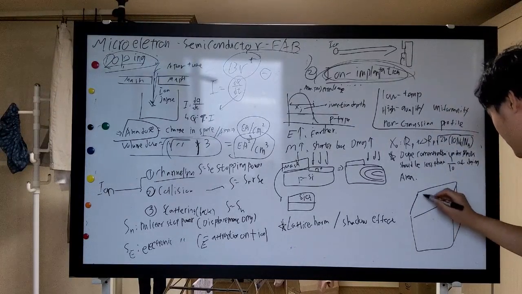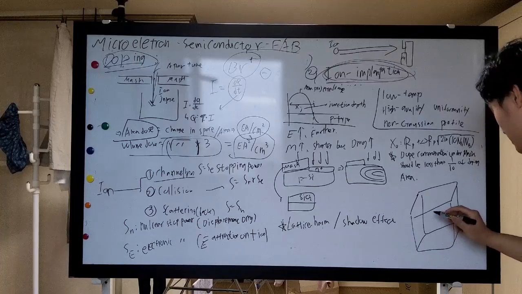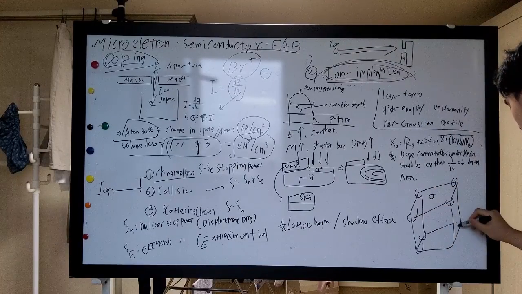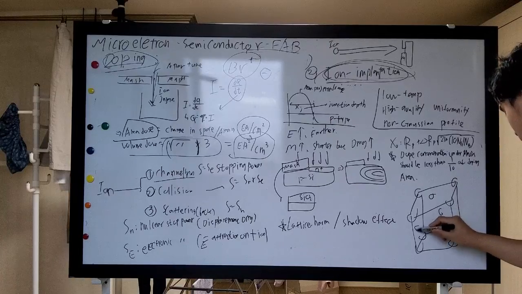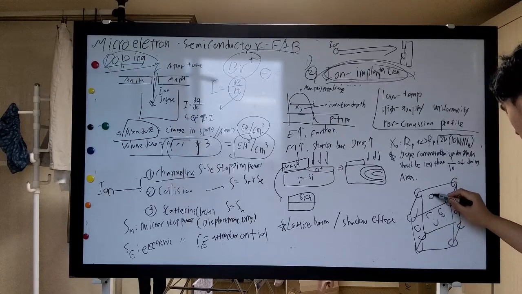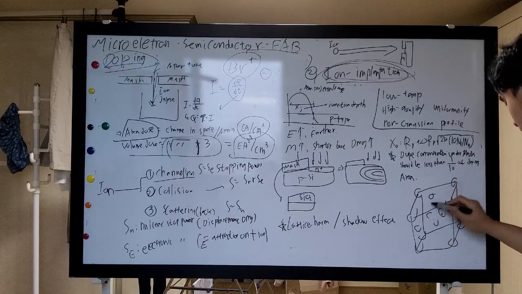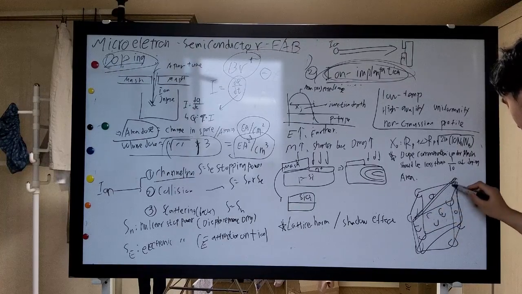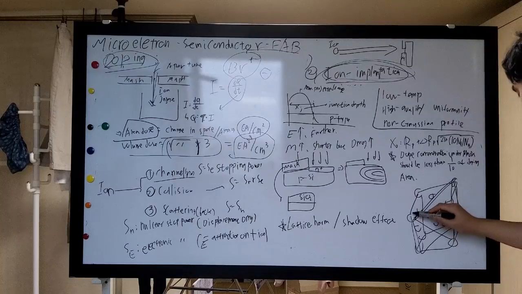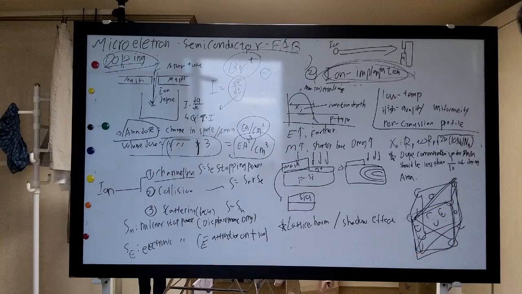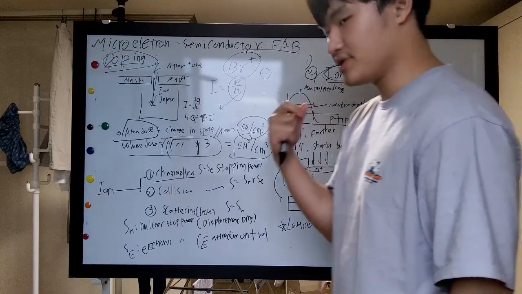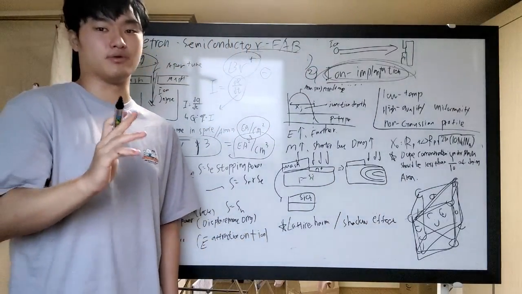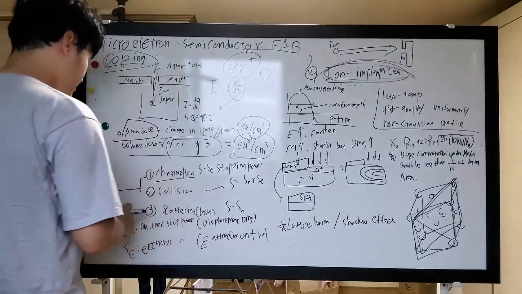In a cube of the silicon lattice, and here the plane model, there will be typical three plane types of the silicon lattice.